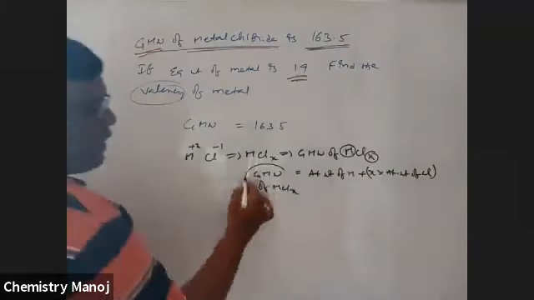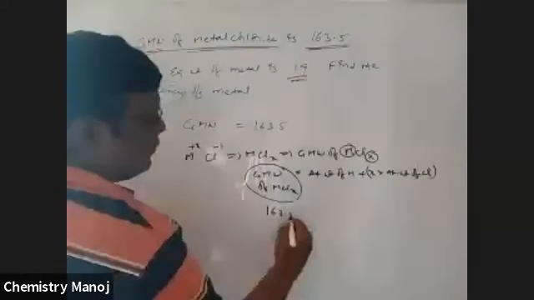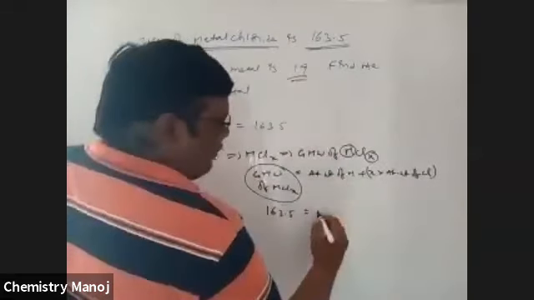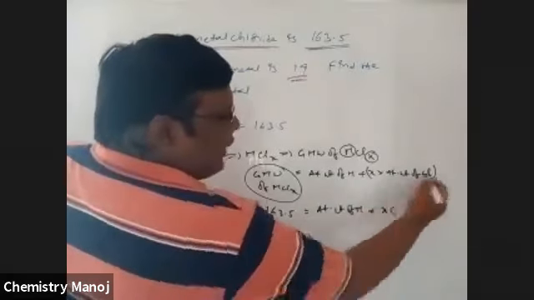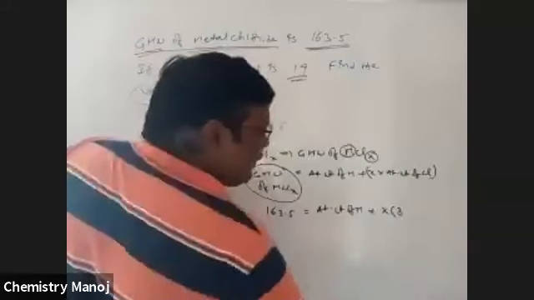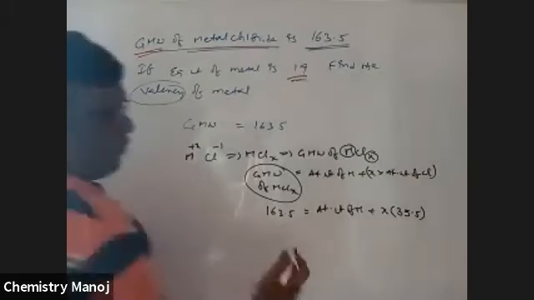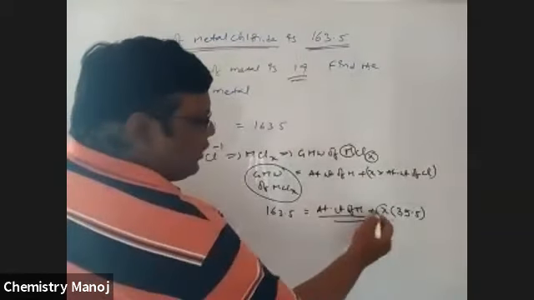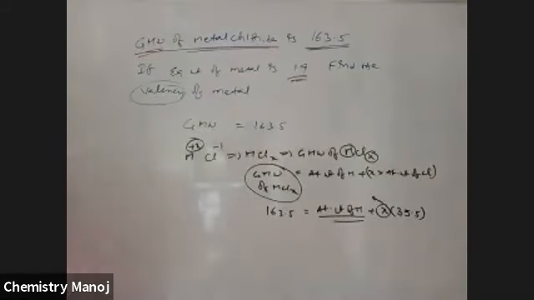This gram molecular weight of MClx is given as 163.5. Now, we don't know the atomic weight of metal. Atomic weight of metal plus x into atomic weight of chlorine, we know that is 35.5. Yes, it is not 36, it is 35.5. So if we know the atomic weight of metal, we can calculate x. What is x? x is the valency of the metal.